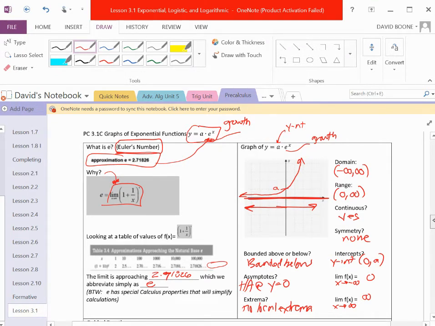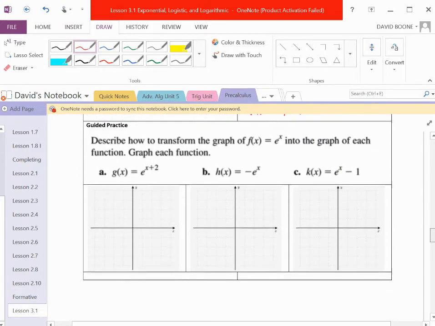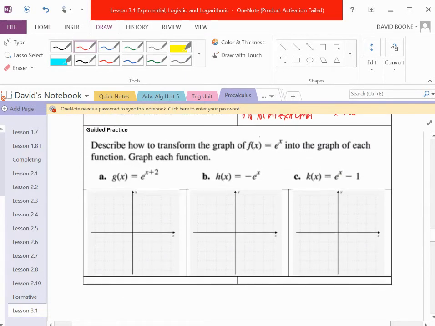Okay, so we're going to look at some of the transformations on this specific graph of f of x equals e to the x. So again, notice here my a value would actually be 1 out front. So what we're going to do is describe this graph, see what happens, and give a quick little sketch of this. So again, because you see this up here, that's in the exponent with the x, we think opposite.